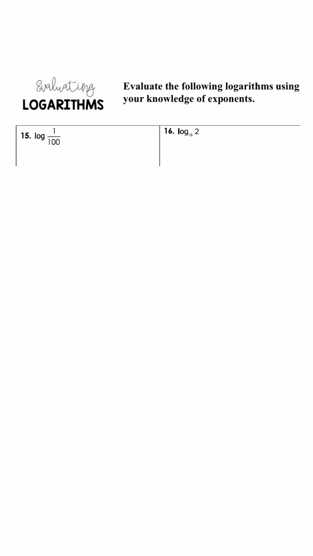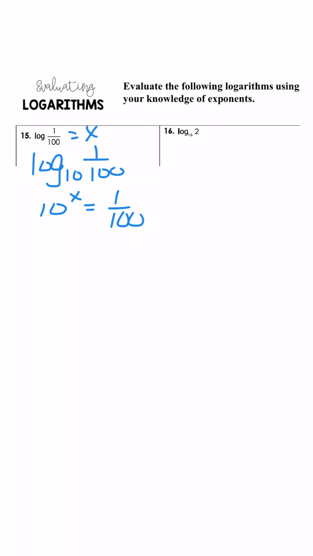So if I was to evaluate this one, this is the same thing as saying log base 10 of 1 over 100. So then if we have it equal to x, then 10 to the x power equals 1 over 100.